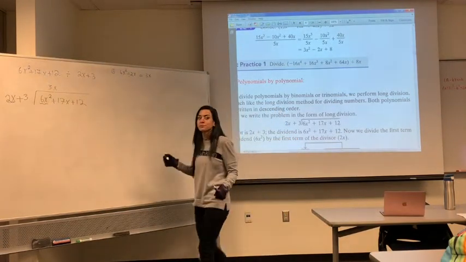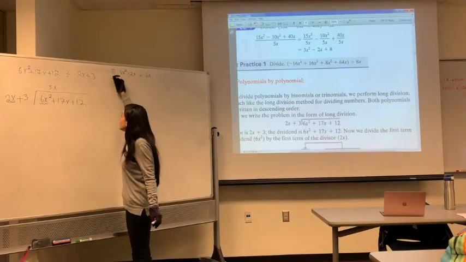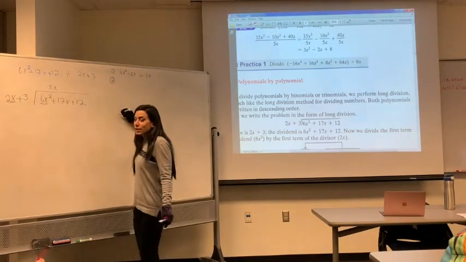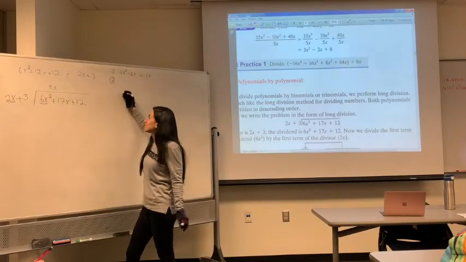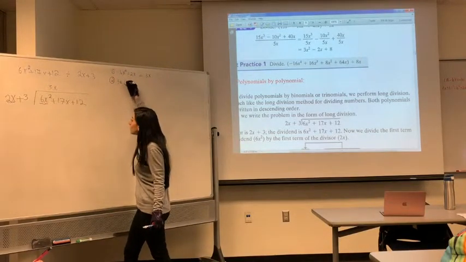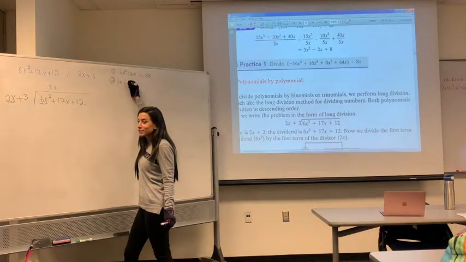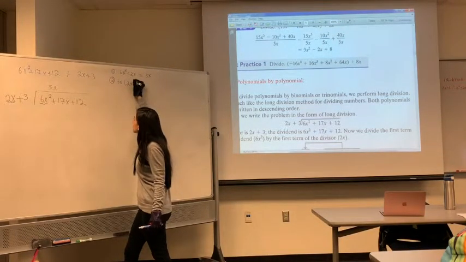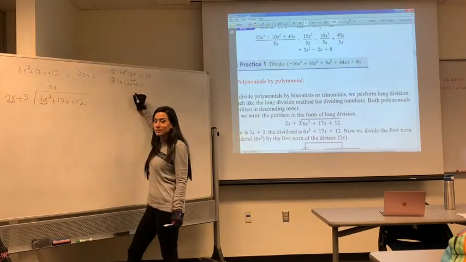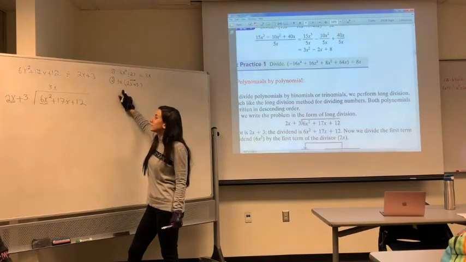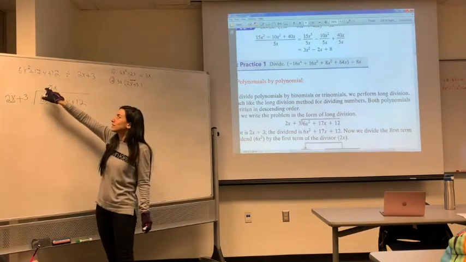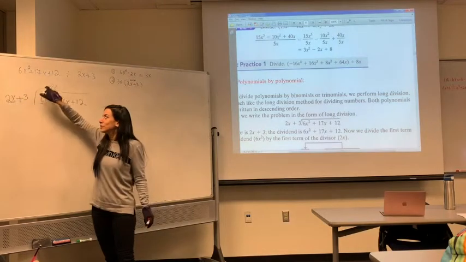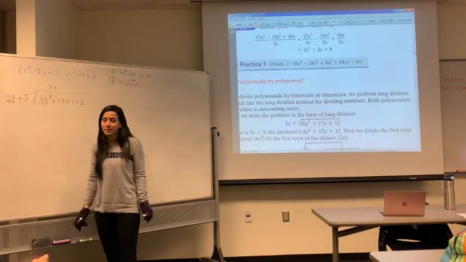Now, the second step. You will multiply your answer by the divisor, which is 2x plus 3. So this is the divisor, right? 2x plus 3. So you're multiplying this 3x by this binomial, okay?